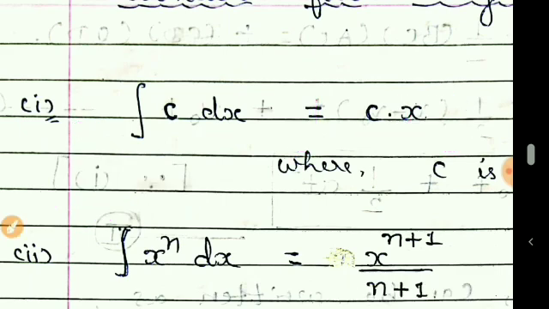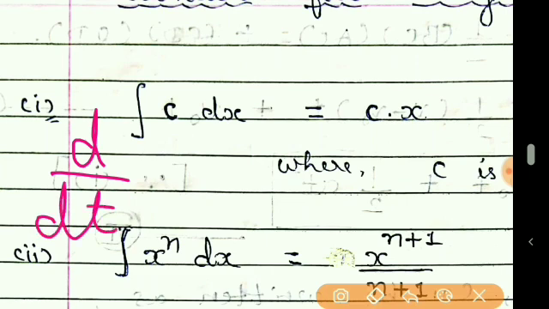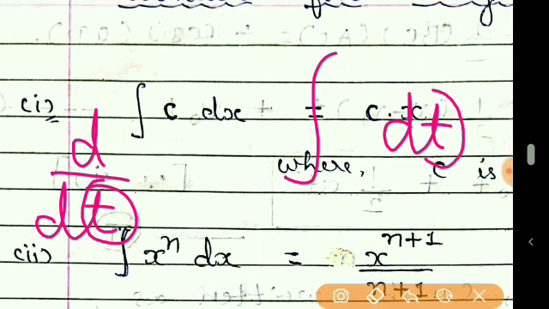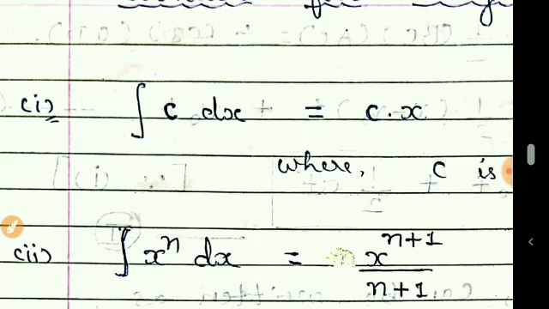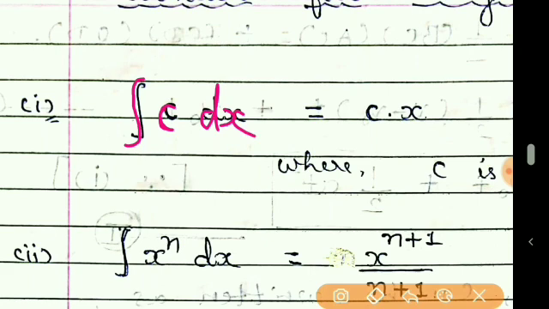If I write d by dt, then the function is t. If I write integration dt, the function is t. So now let us start with the first: integration of any constant, with dx, is the constant into x.